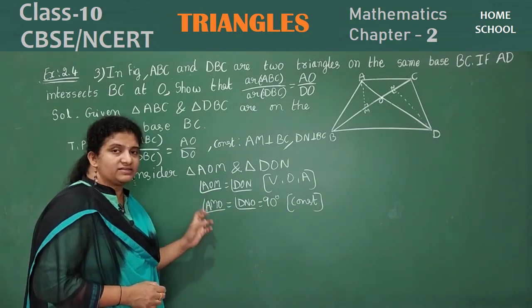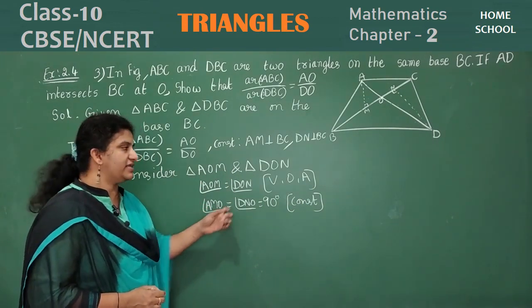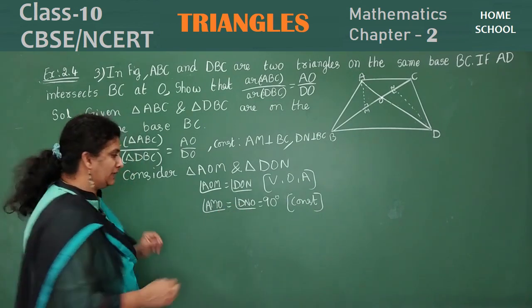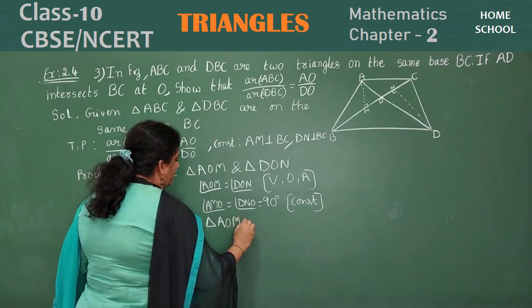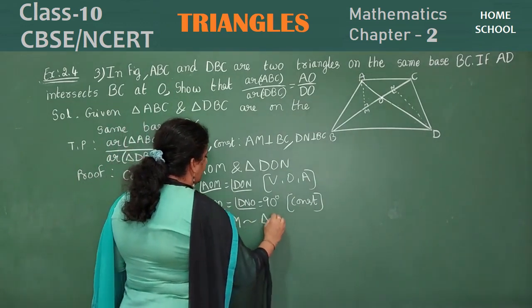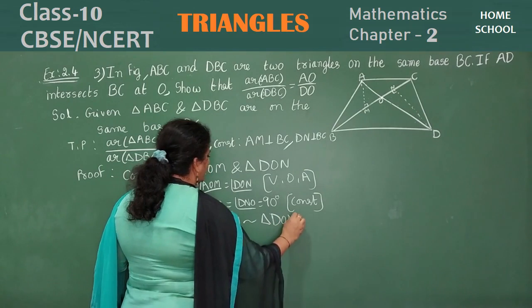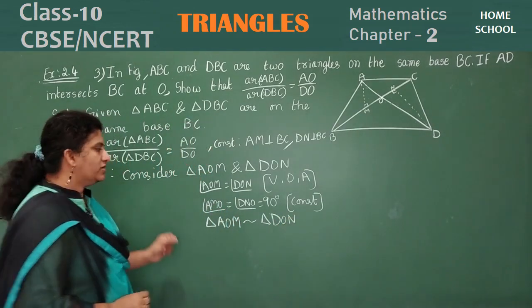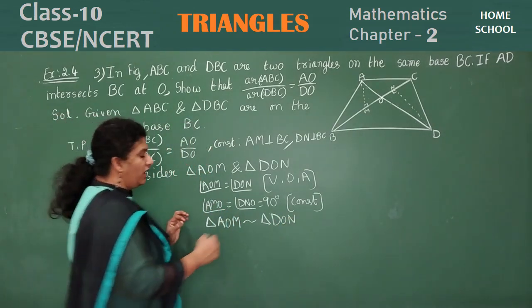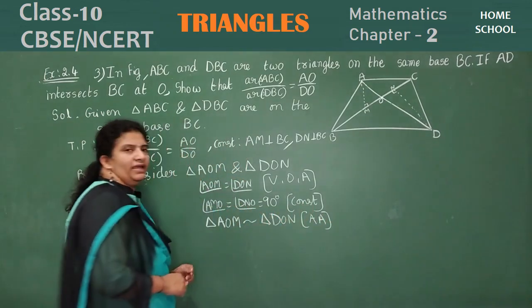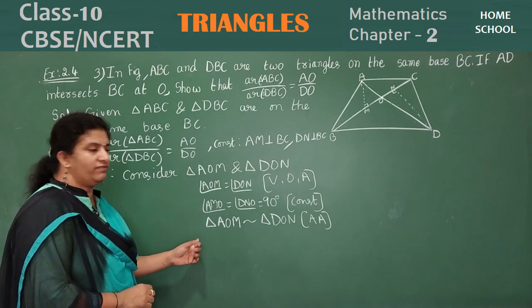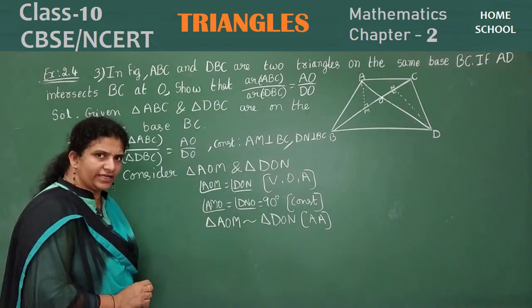By angle similarity criteria, I can say these two triangles are similar. So triangle AOM is similar to triangle DON. How are they similar? By angle similarity criteria. Now if they are similar, I can equate the ratios.